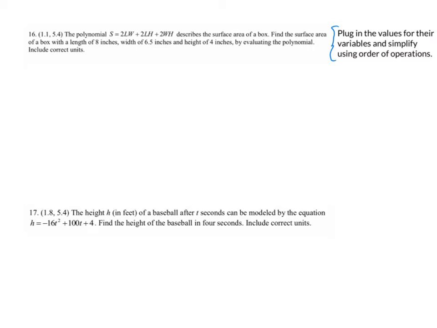So for example 16, we have the polynomial S equals 2lw plus 2lh plus 2wh, which describes the surface area of a box. We want to find the surface area of a box with a length of 8 inches, a width of 6.5 inches, and a height of 4 inches by evaluating the polynomial.